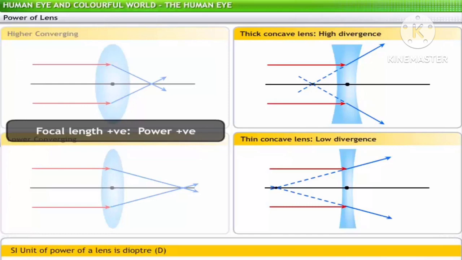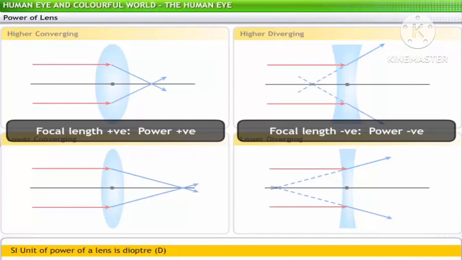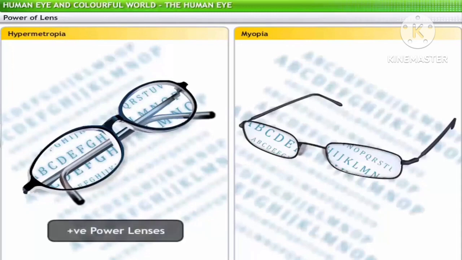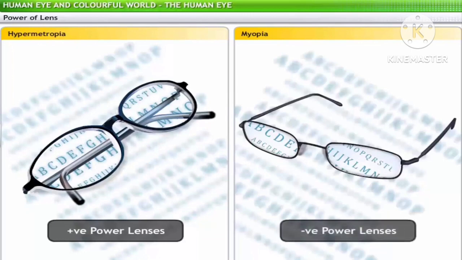Hence, its power is also positive. Similarly, the focal length of a concave lens is considered negative. Hence, its power is negative as well. Therefore, individuals suffering from hypermetropia use spectacles with positive power lenses. Similarly, those suffering from myopia use negative power lenses to correct their vision.